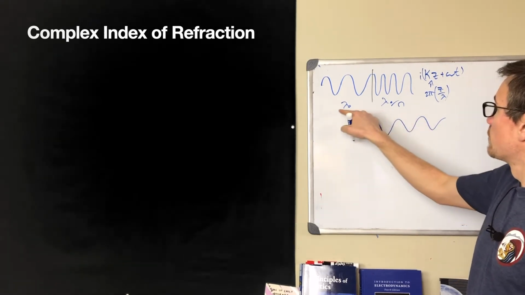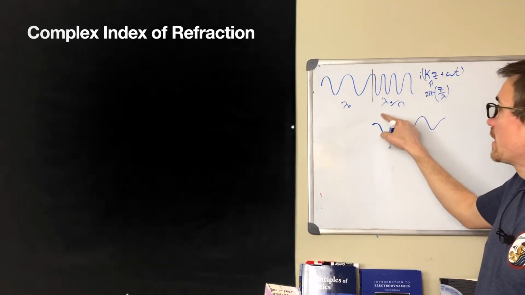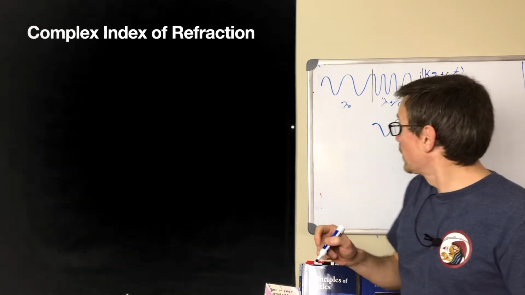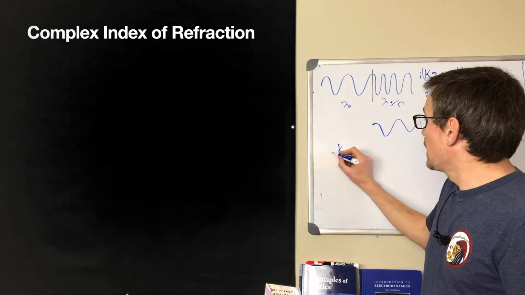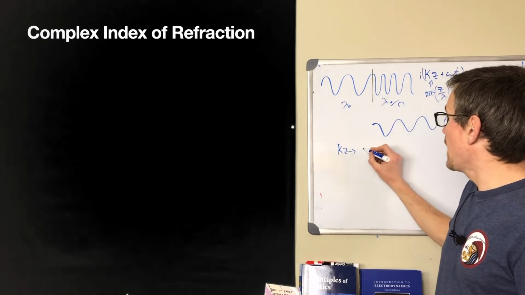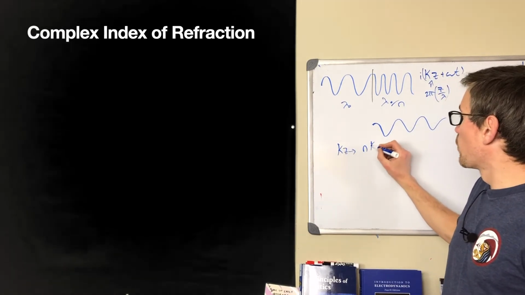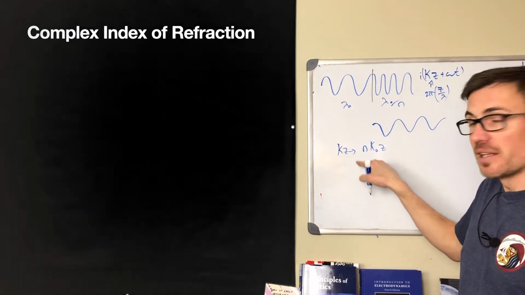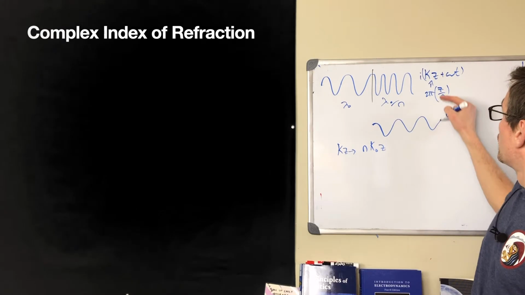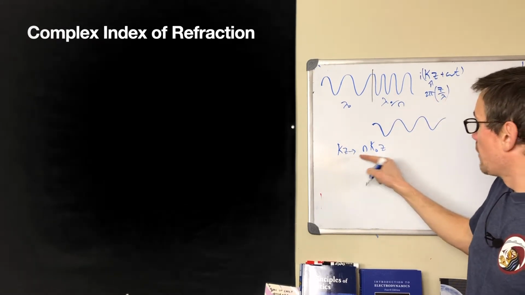That's what this bunching up of the wavelength is. We've accumulated the same amount of phase, right? So this term, this k times z, will now go to n times whatever it was in the vacuum times z, right? Because lambda goes to lambda over n. So 1 over lambda goes to n over lambda.